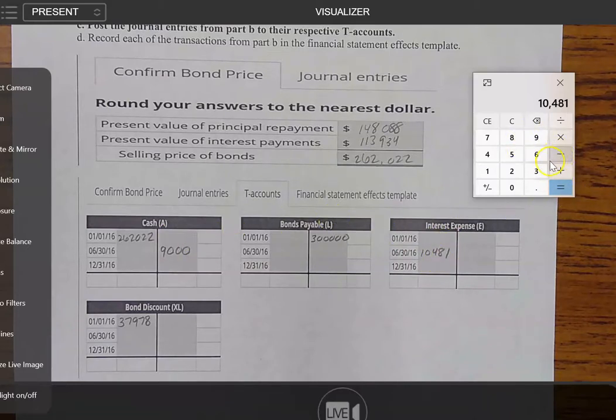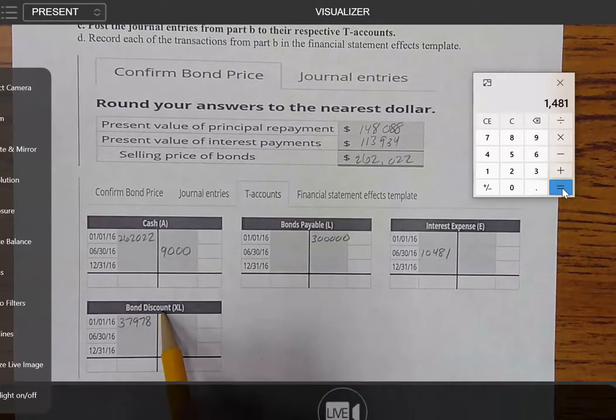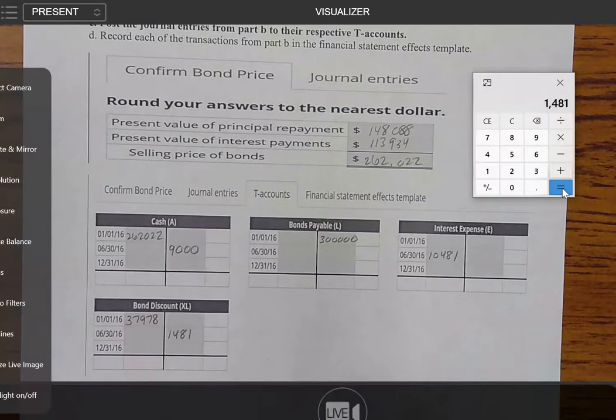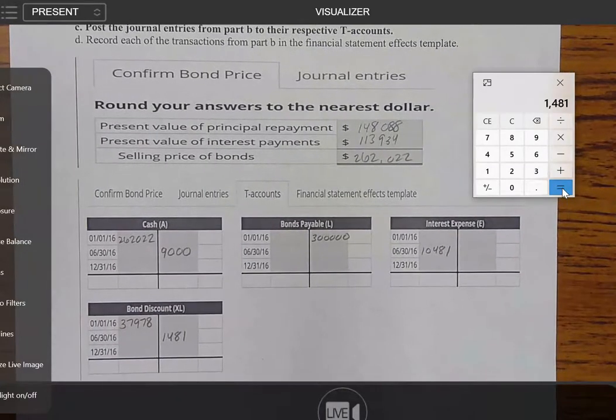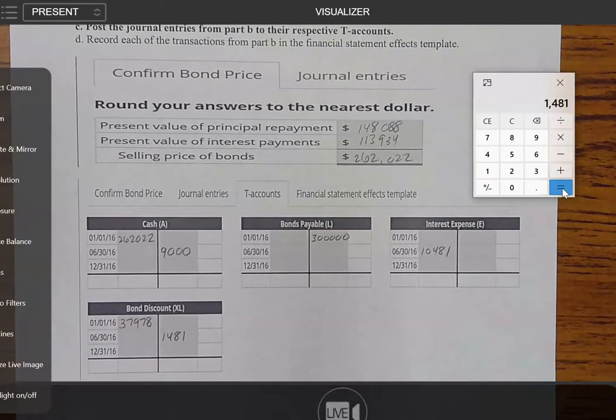So 10,481 minus 9,000 equals 1,481. And that's the amount of the bond discount that we have amortized, but we are going to put that over here. 1,481 is the amount of the discount that has been amortized.